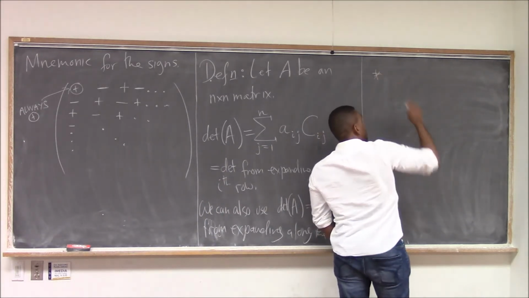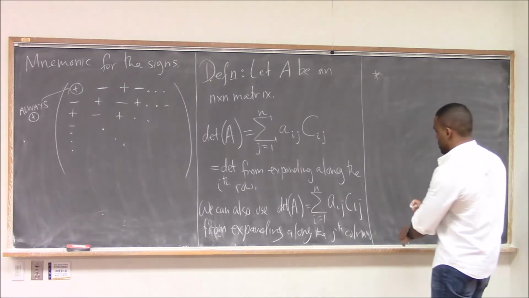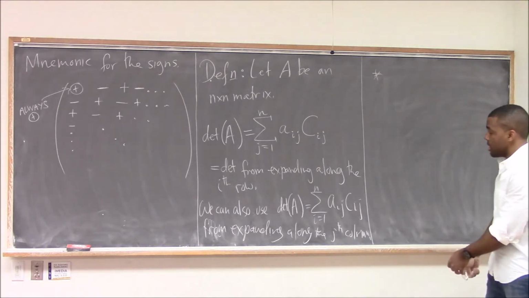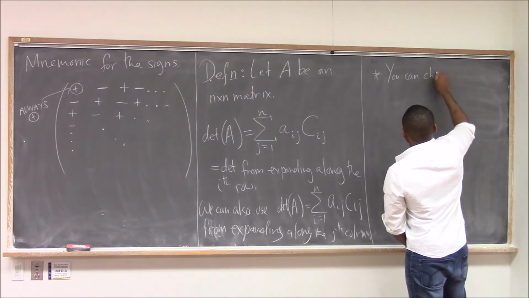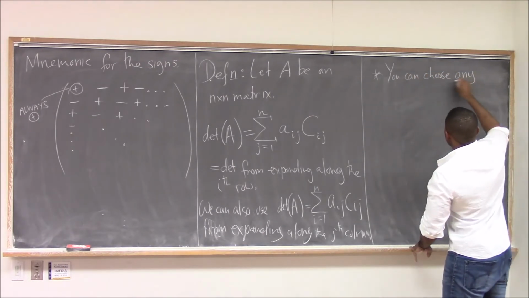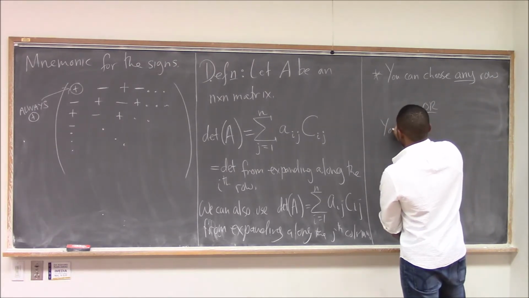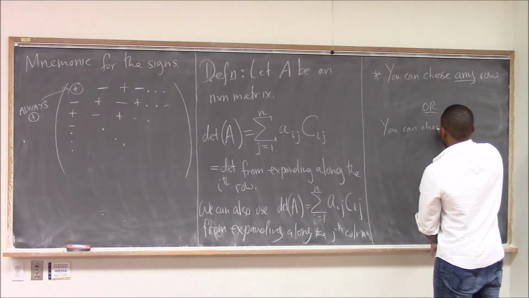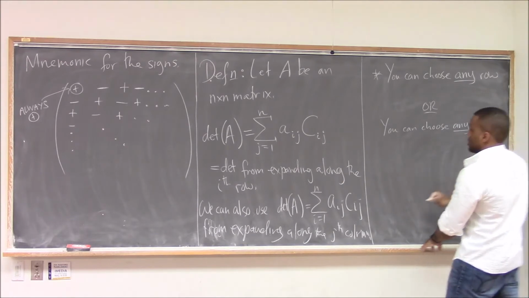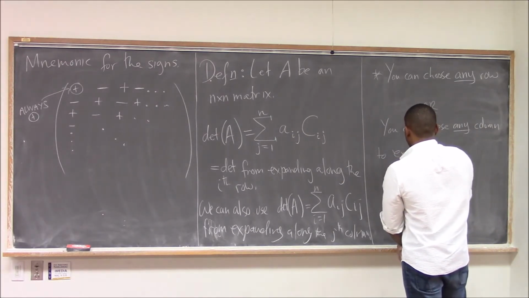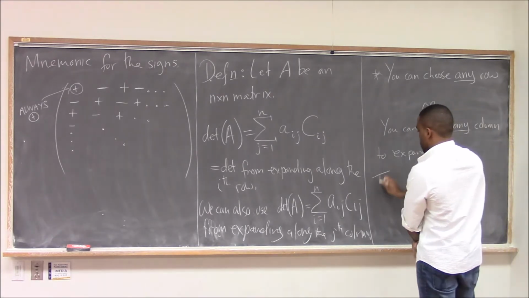One thing you want to note here, which is different from the crossbars that we've usually been computing in the 3x3 case and higher, is that you can choose any row, or you can choose any column to expand on. The answer will be the same.